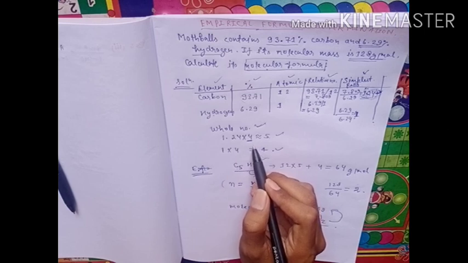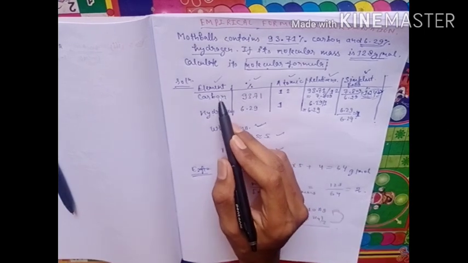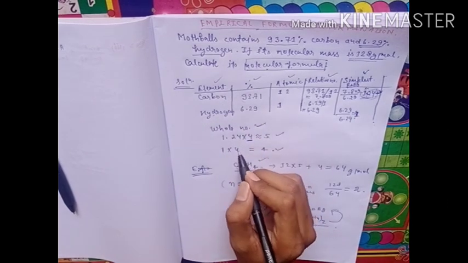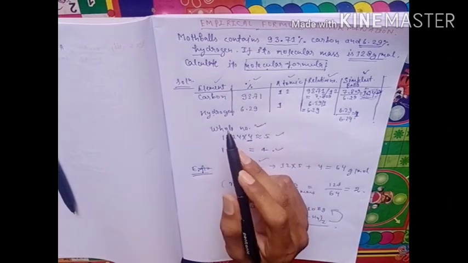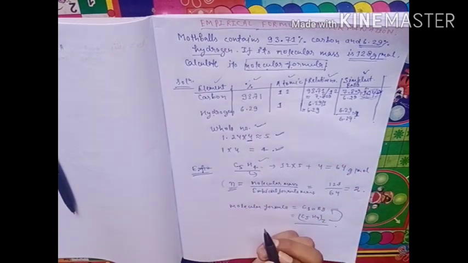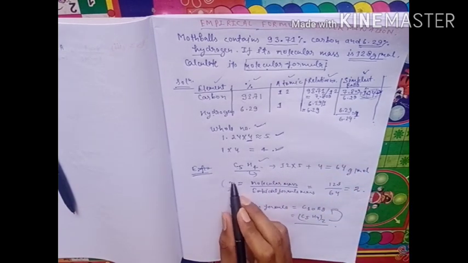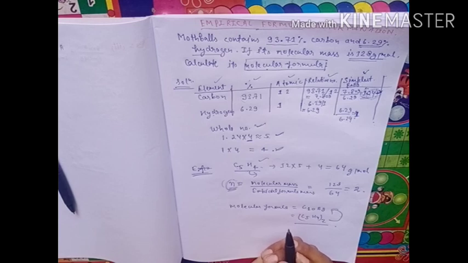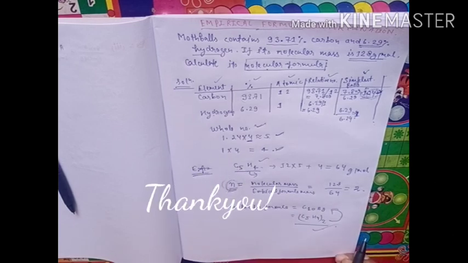When you multiply the first element by an integer, the same number will be multiplied with the second. The last step is to calculate the n factor, and thereafter you can simply move to the molecular formula. I hope you have understood this.